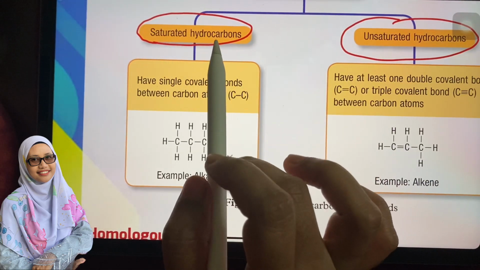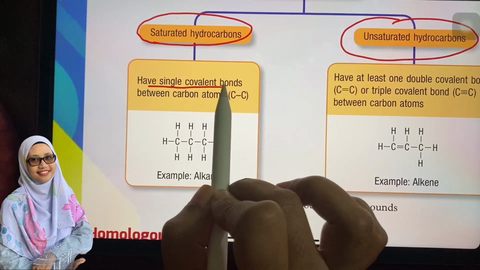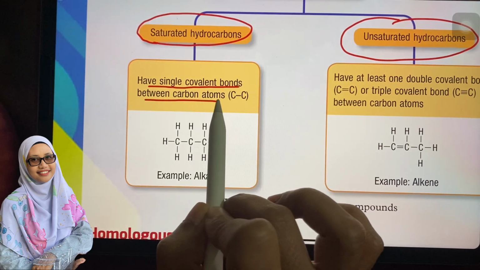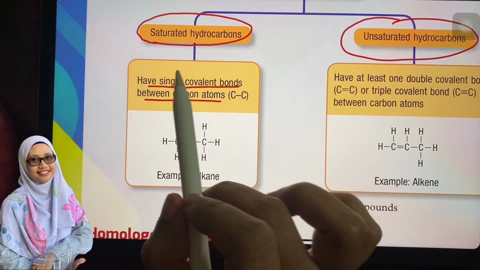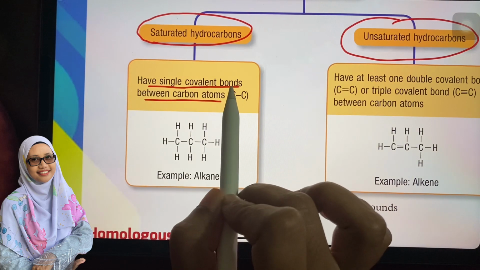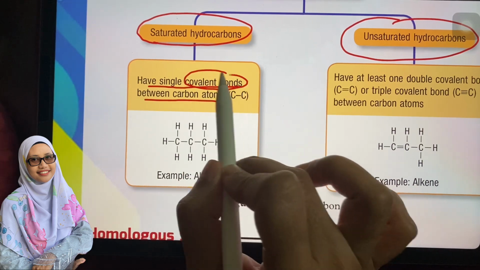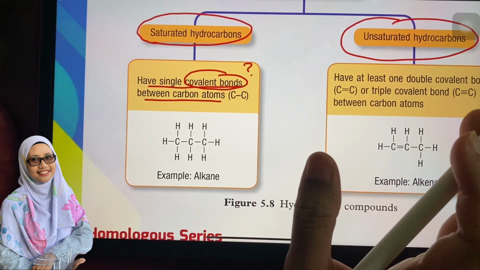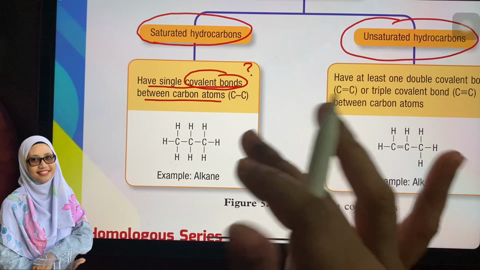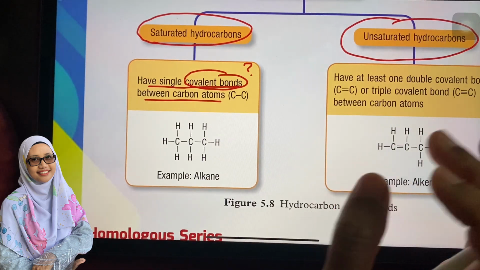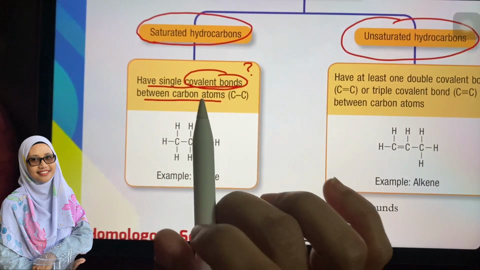Saturated hydrocarbon means have single covalent bond between carbon atoms. Covalent bond, what is covalent bond? Before we go further, I would like to explain to you what is covalent bond.